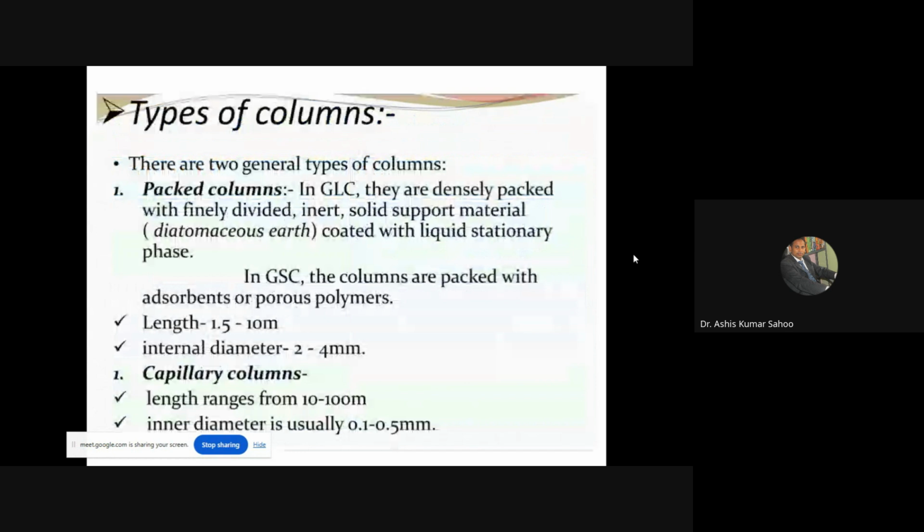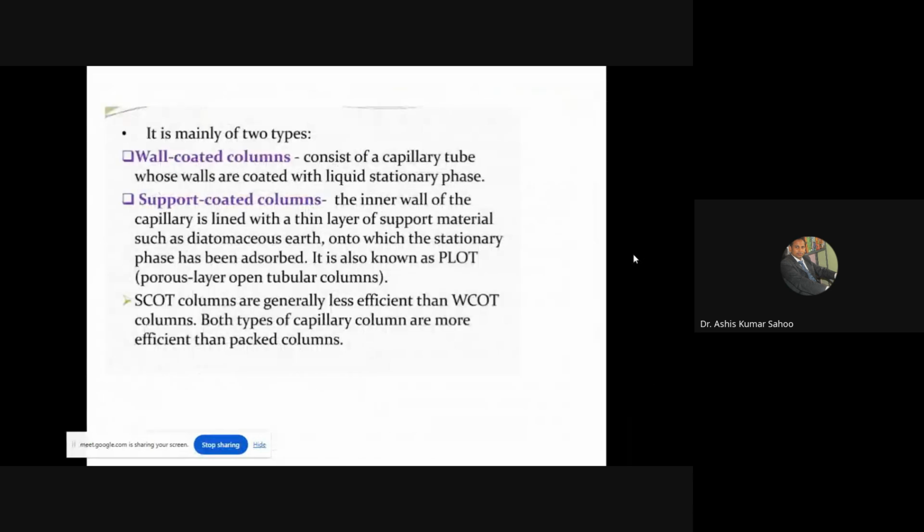So what are the types of columns taken in gas liquid chromatography? Packed columns are densely packed with finely divided inert solid support. In GLC, the columns are packed with length 1.5 and a small internal diameter in millimeters. So these are packed columns.